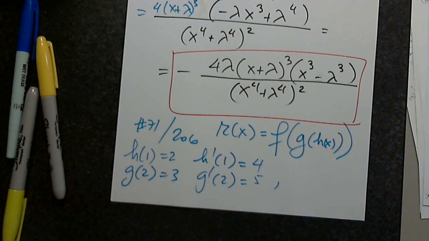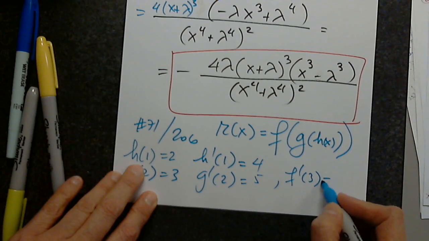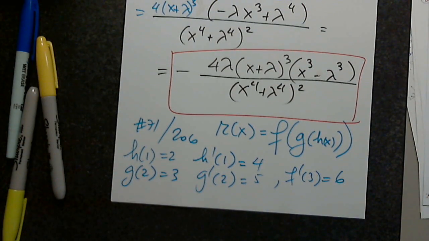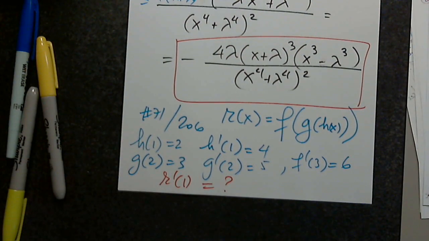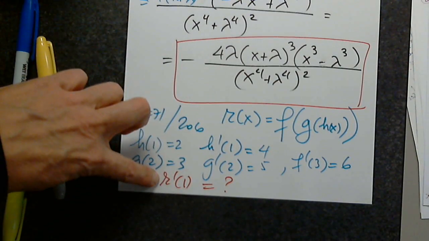And we're also given f prime of 3, which is 6. What do you think we're asked to find? The R prime of 1. Indeed. What is it? That's an R? R, yes, I'm sorry. This is R, this is R.